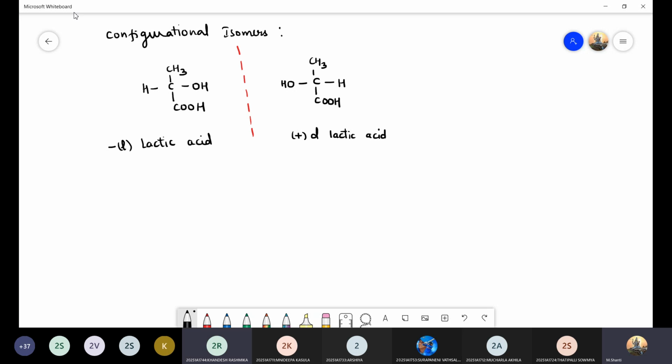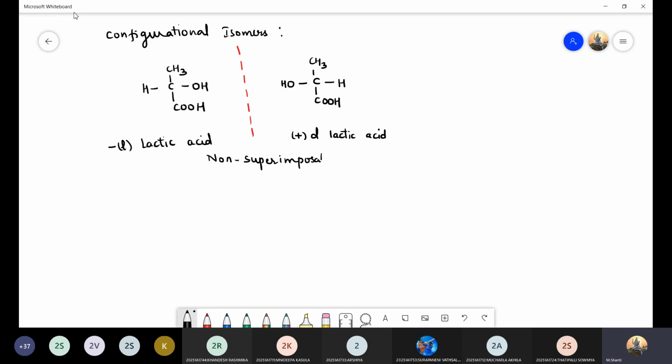It is on the left side. Whereas in the L-lactic acid, you have the OH on the right side. If I lift this and put it on this, will you get a superimposable or non-superimposable mirror image? Non-superimposable, ma'am. Yeah, very good. So, no doubt these are mirror images, but non-superimposable mirror images.